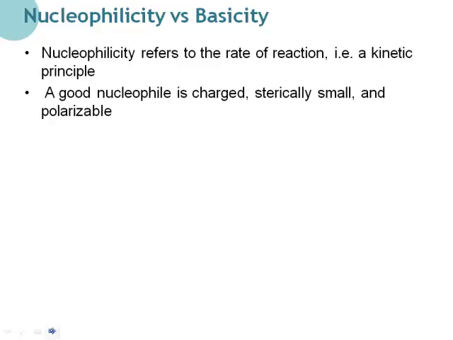So for example, something like iodine, I minus, is very good because it's charged. It's not sterically small, but that's okay because it's very, very polarizable. You can imagine that because iodine is so low on the periodic table, it's got a lot of electron density, and its very large outer shells are very moldable.